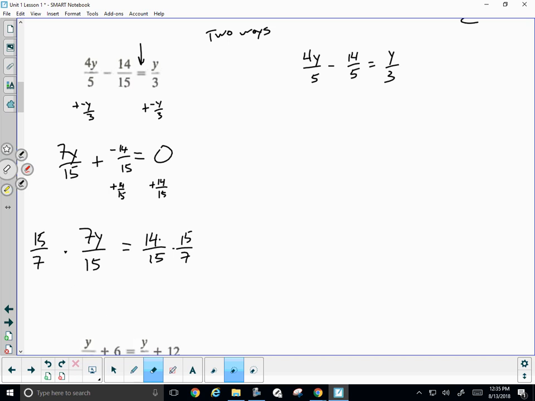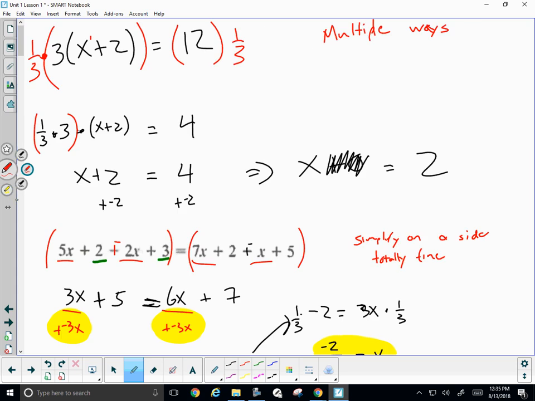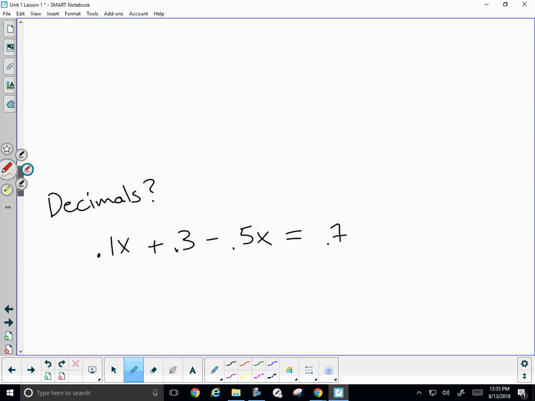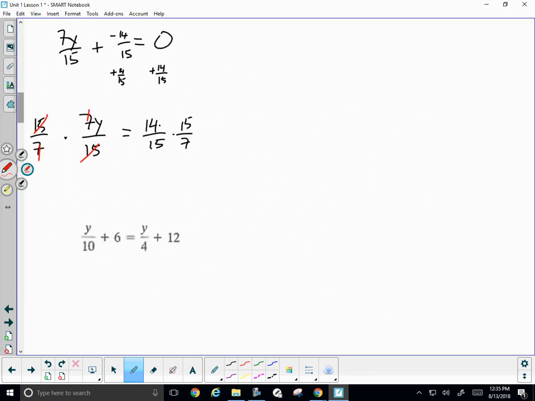Okay? Now, why does that work? Because the 15 divided by the 15 is a 1. The 7 divided by the 7, or the 7 times 1/7, is a 1. That leaves us with just y. Sorry about that. Technical difficulties. So I just have y.